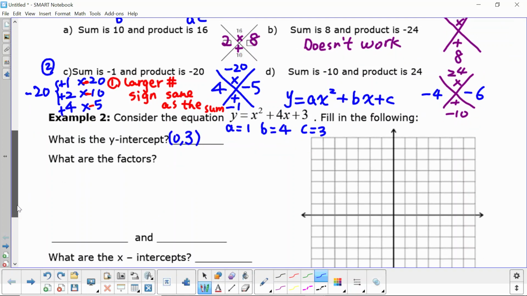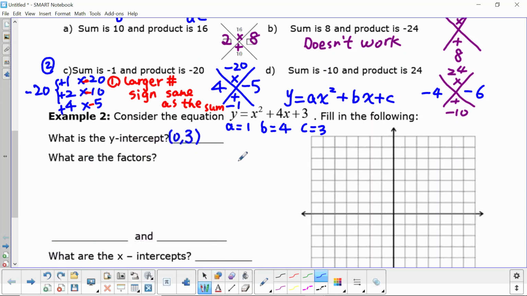And what are the factors? This means the X game. So when we are doing factoring, you are going to do this X game. Times together is A times C, so it's 1 times 3, which is 3. And add together is your B value, 4. Because 3 is a prime number, you don't have other factors, you only have 1 and 3.